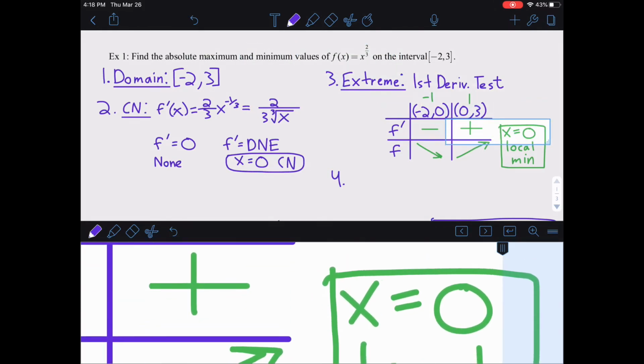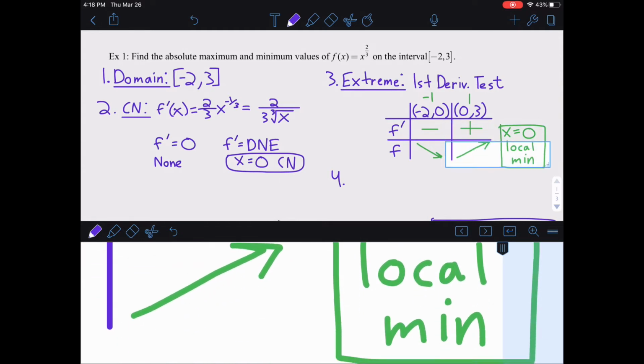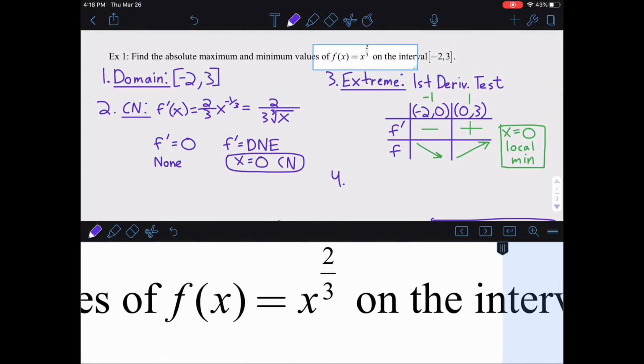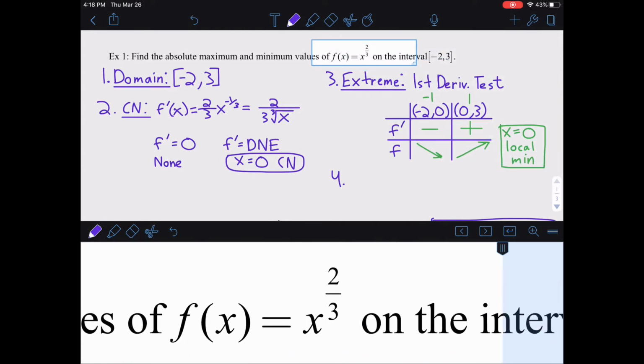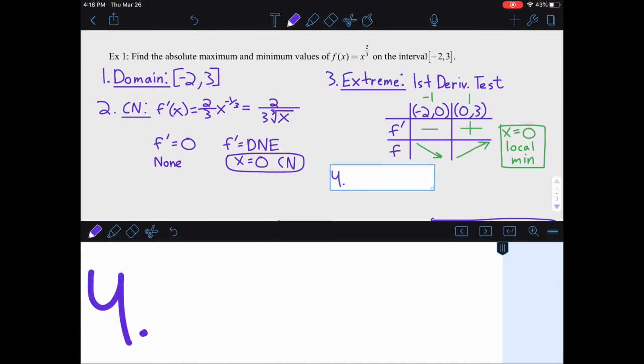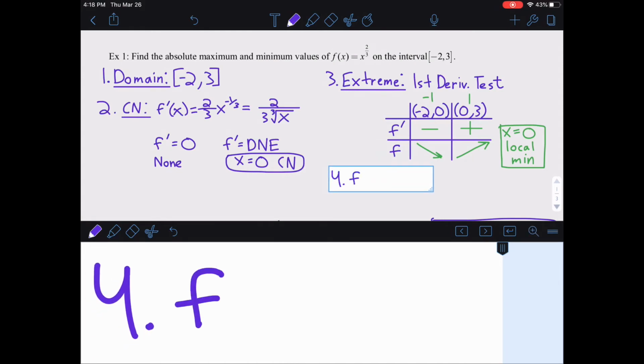We're going to take our critical number where we know there's a local min, plug it back into the original function, and then compare all of these y values, all of these outputs of the function f. So let's start with f of 0, because that one's easy.